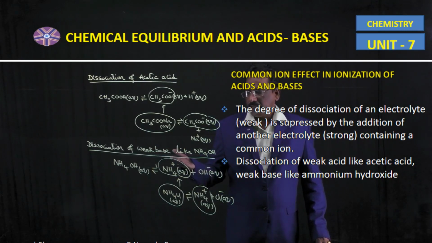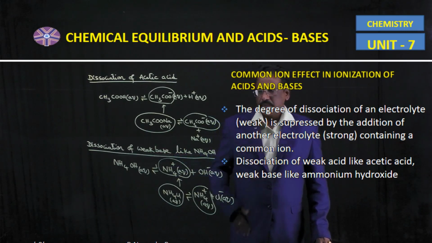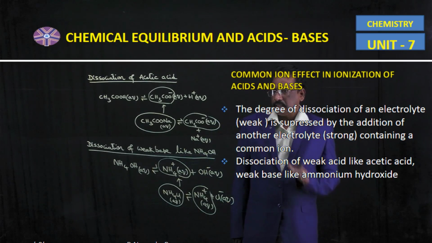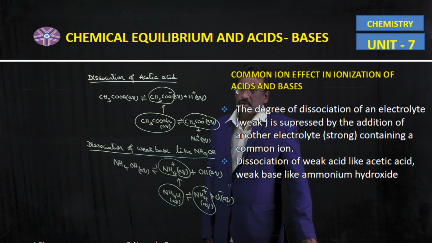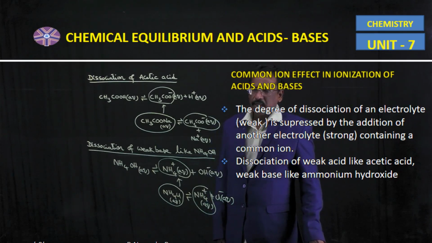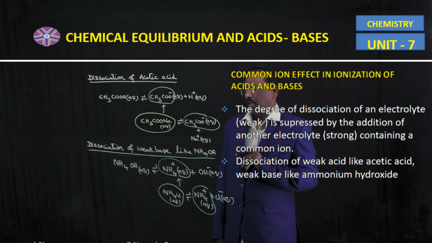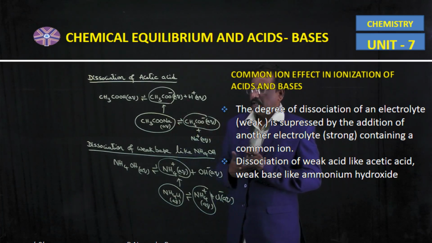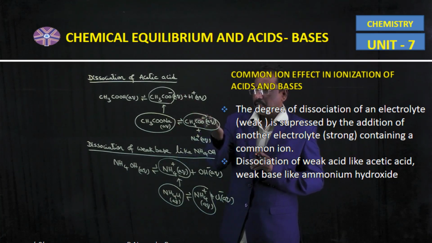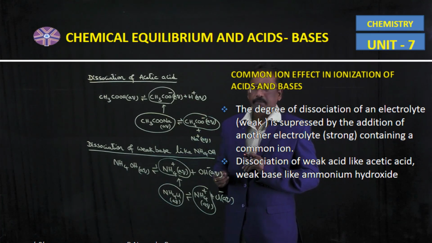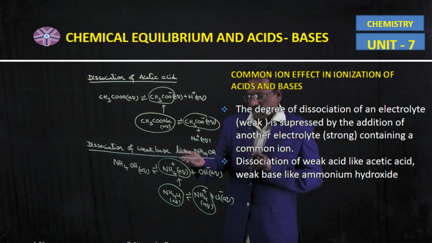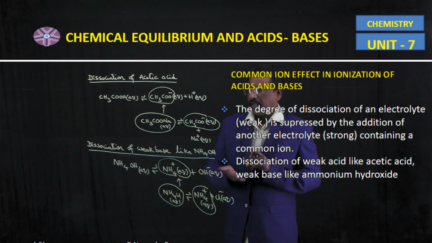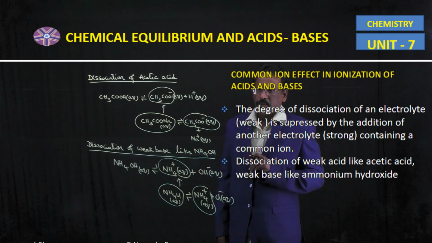So the dissociation of the weak base is further suppressed or reduced by the addition of a strong electrolyte which contains a common ion. In the first example, the common ion is the acetate ion in aqueous medium. In the second example, the common ions are NH4 plus aqueous and NH4 plus aqueous.